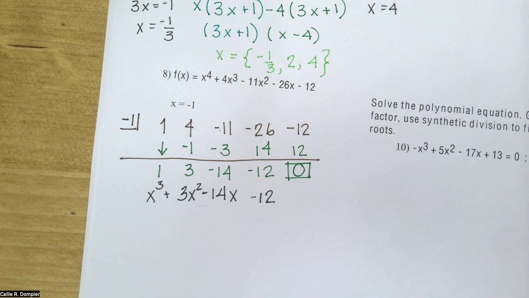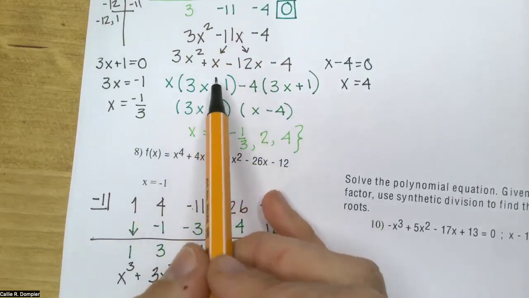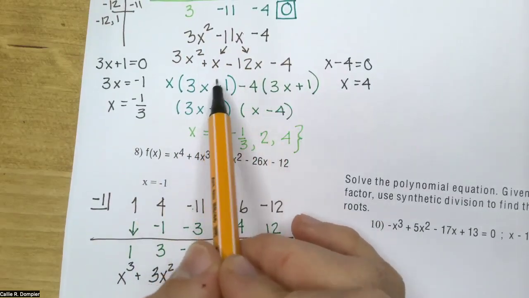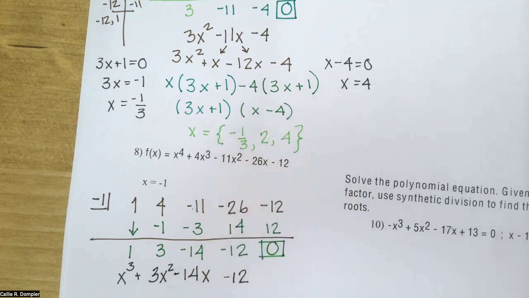What you want to do is, first you can look at it. You could say x to the third plus 3x squared minus 14x minus 12. Can I factor by grouping? Can I factor anything out of the front and out of the back that would give me a situation where the binomials would match and I could factor out a binomial?